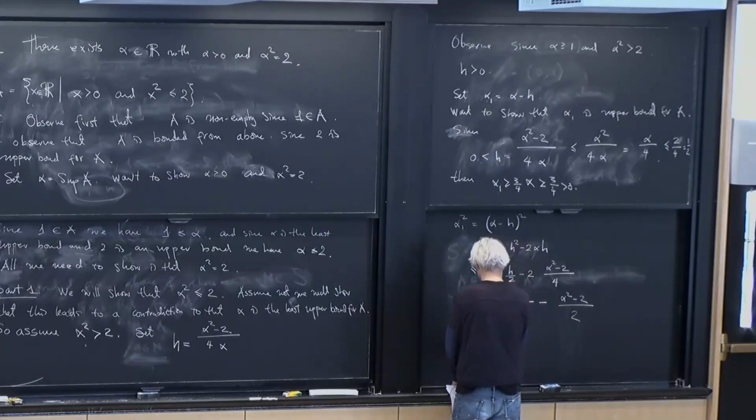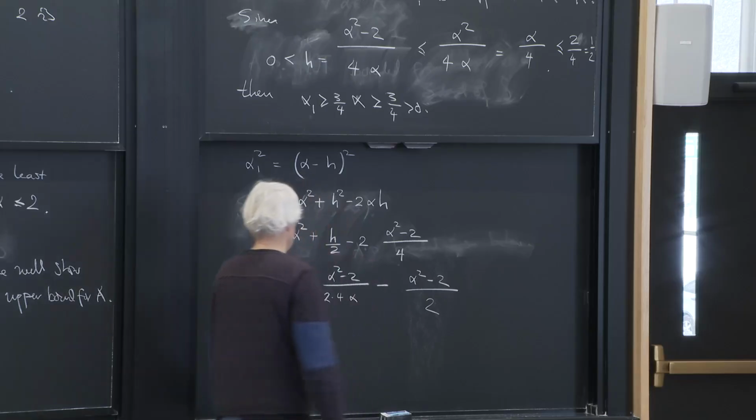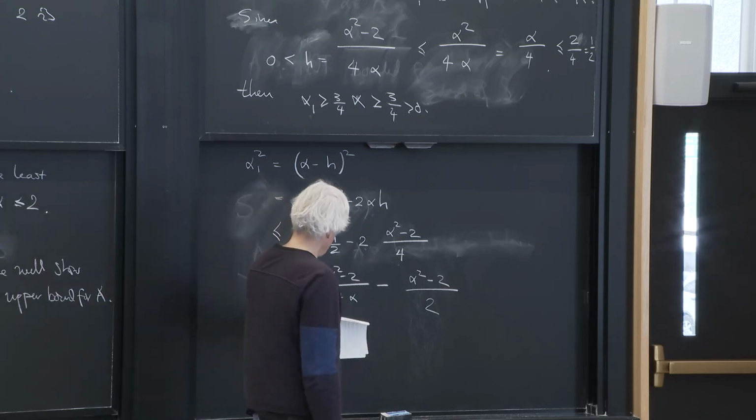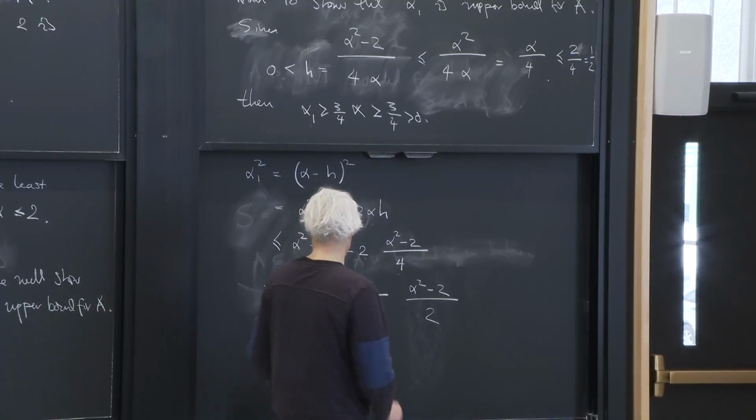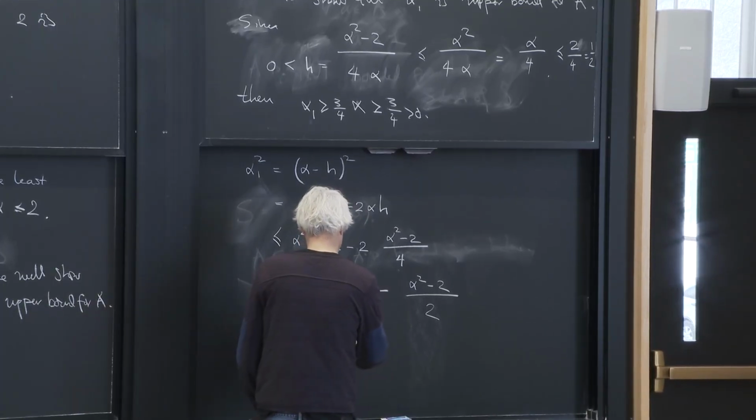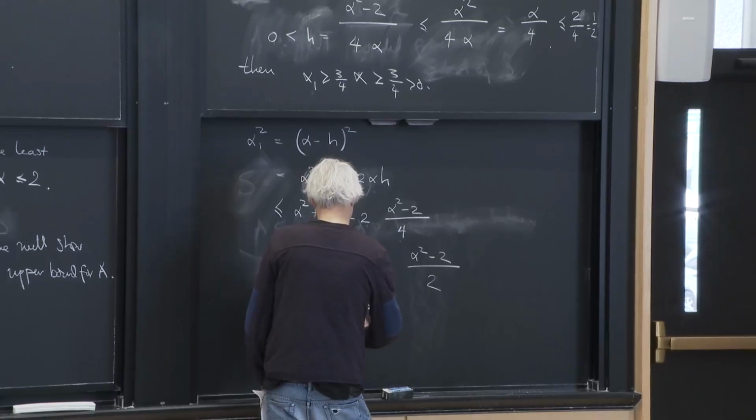I'm bounding this from above by alpha squared plus, and I'm going to just make it easy for myself. I think it's fine to just use that alpha is bounded by 1, and then you can bound it by alpha squared minus 2 over 4.